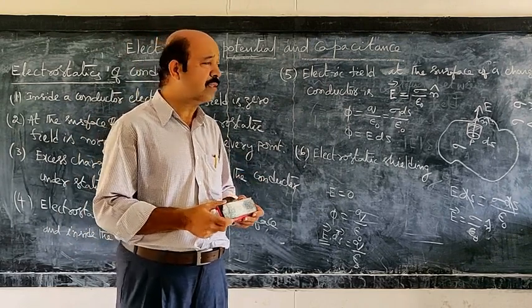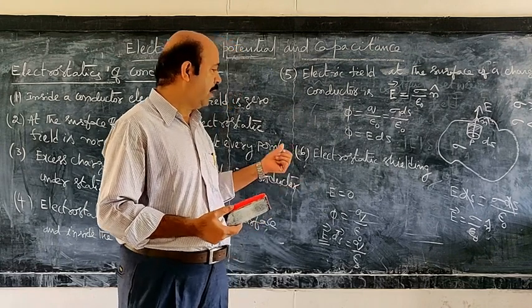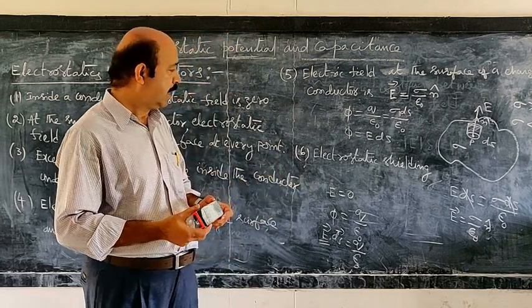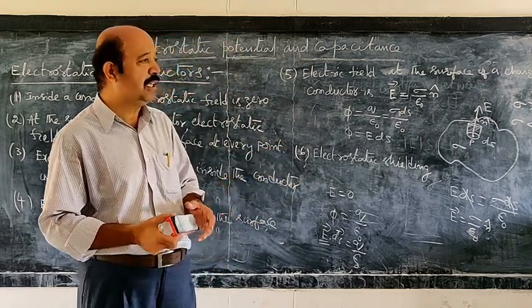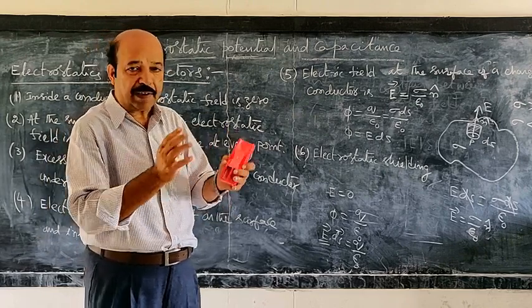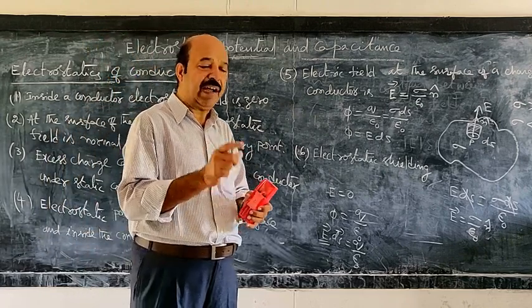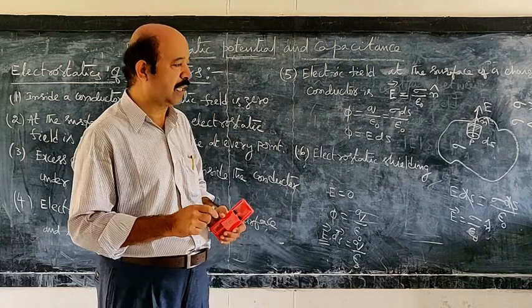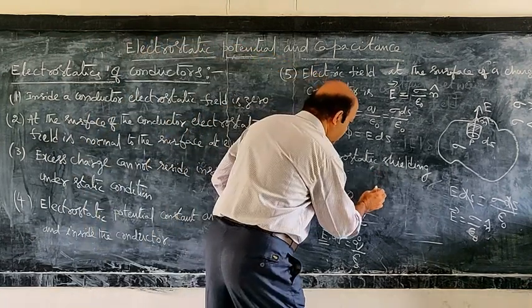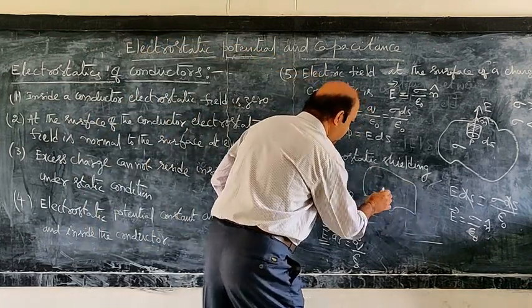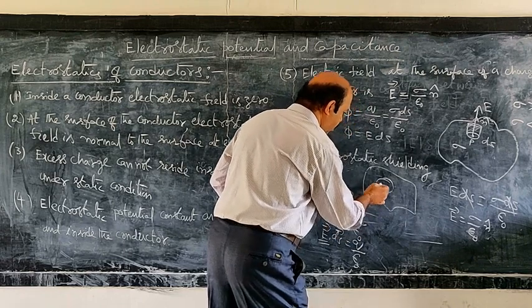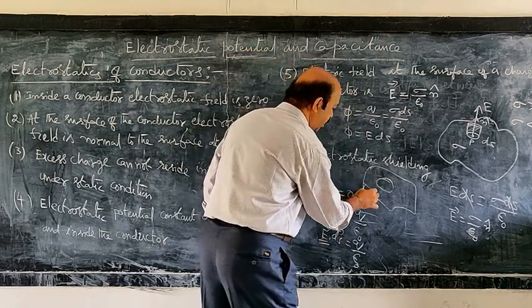Now, for electrostatic shielding, suppose this is a conductor and you have a hole, a cavity, inside the charged conductor.